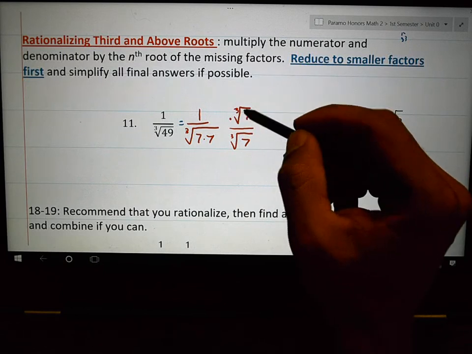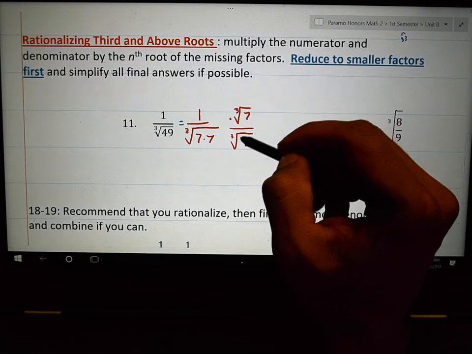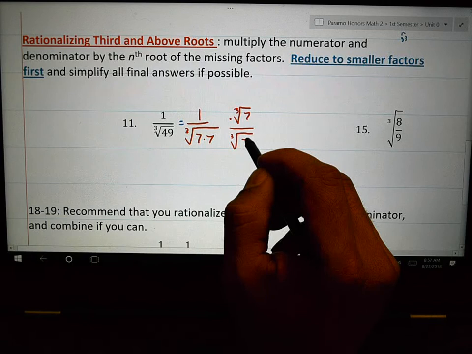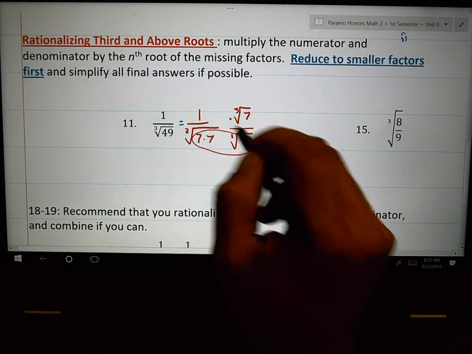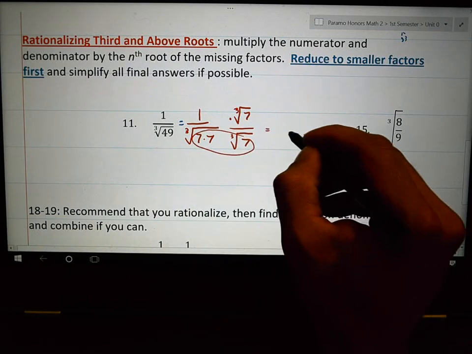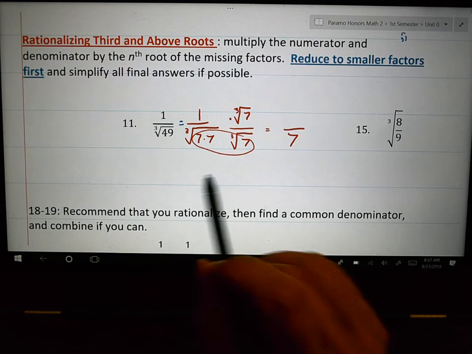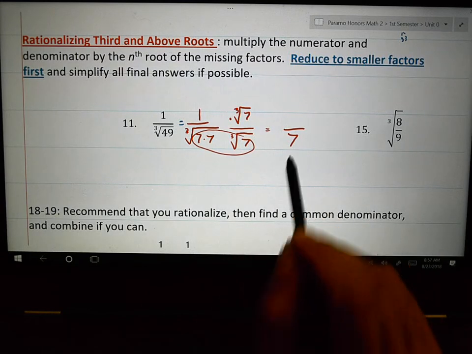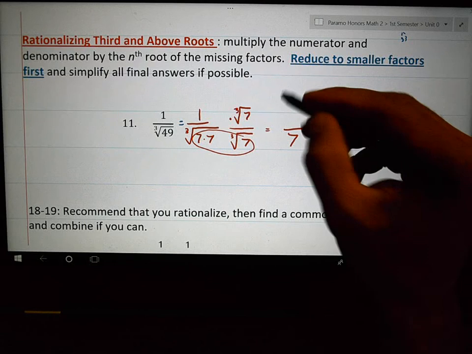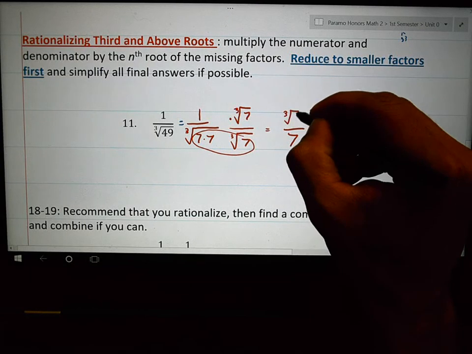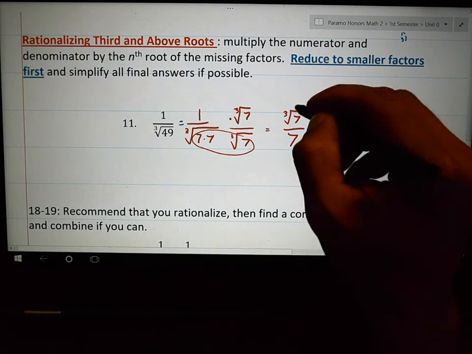I'm multiplying by the third root of 7 over the third root of 7. Now I have 3 of these, which will pop out, and you just get a 7. And notice I say pop out, I don't say cancel, because the word cancel means it disappears and goes away a lot of times. It doesn't go away. I still have to write 7 down there. Don't forget that. On top I have the third root of 7. That is our final answer for number 11.